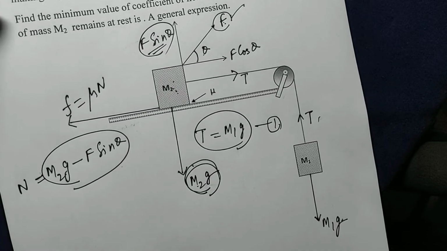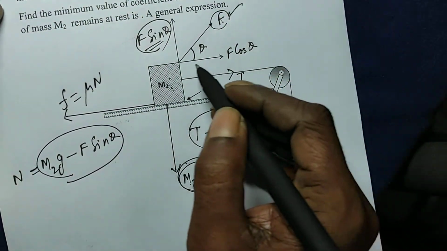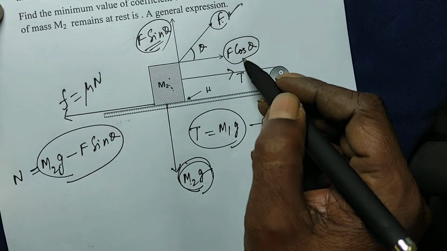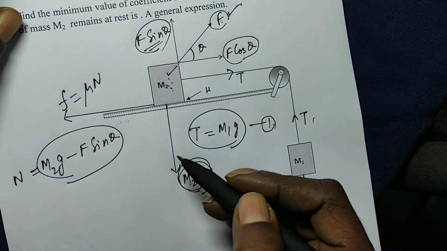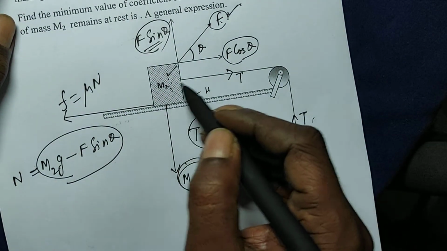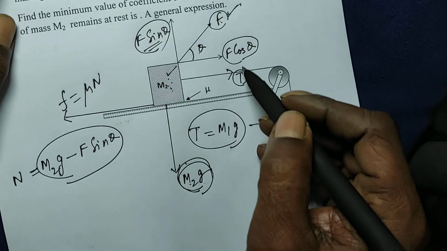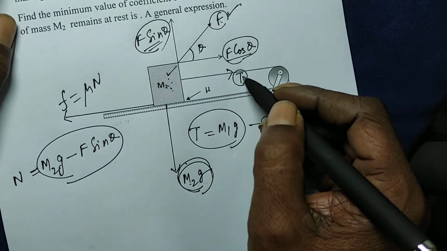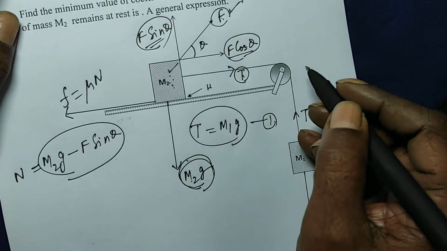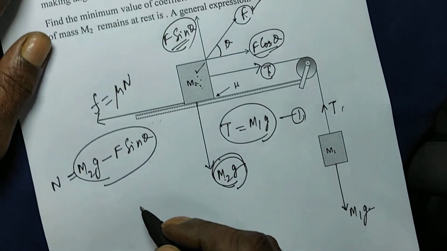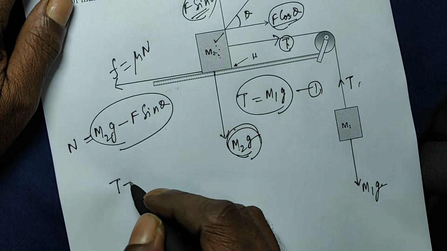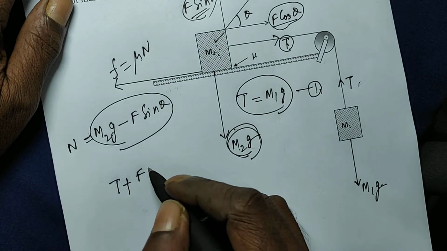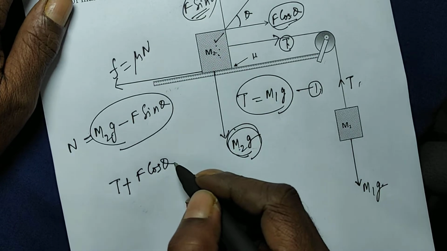And in addition to that, the component of this force to this side is F cos theta. So this mass M2 is acted upon by two horizontal forces towards right, that is T, tension in the string, and F cos theta. So these two are in the same direction. So the net force towards the right is equal to T plus F cos theta.